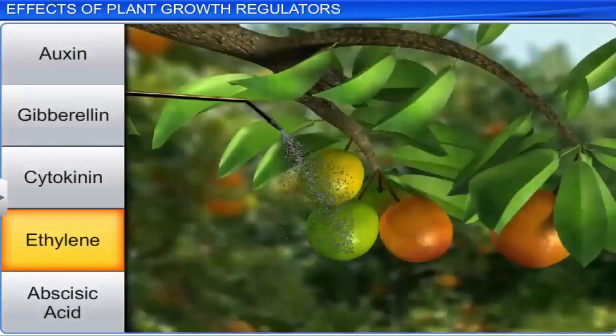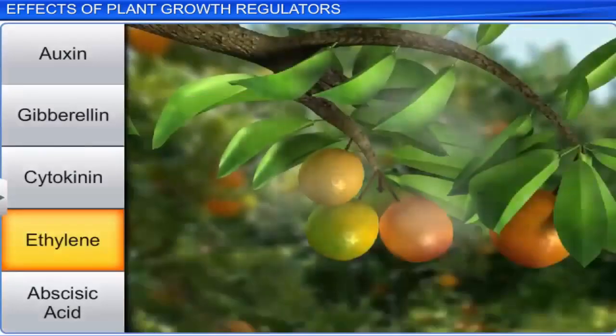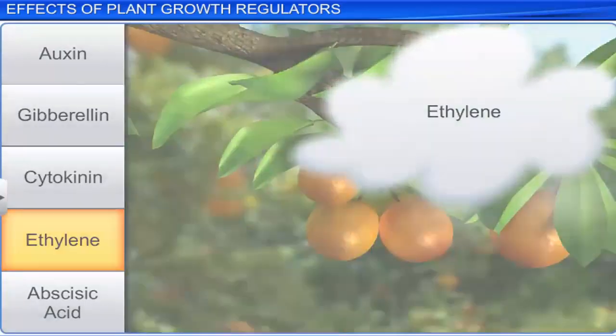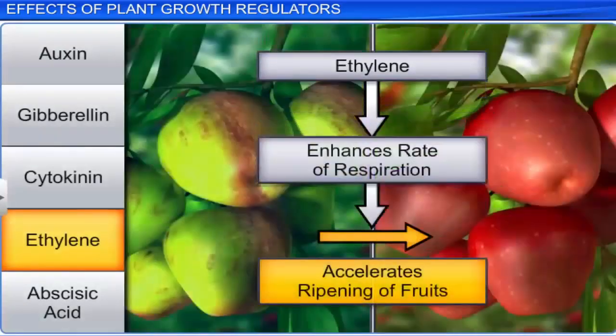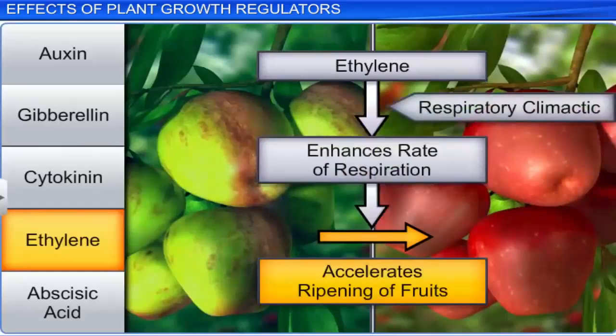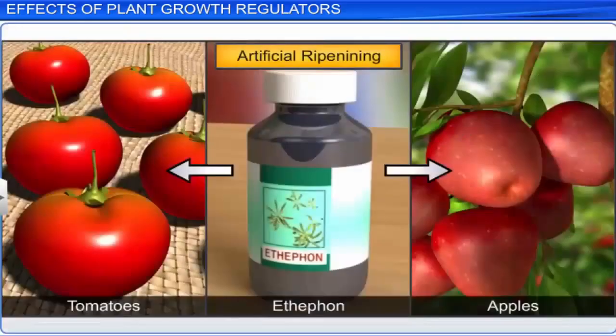Ethylene gas is released from the absorbed ethaphon, which accelerates the ripening of fruit by enhancing the rate of respiration and is called respiratory climactic. This property is used in the artificial ripening of tomatoes and apples.